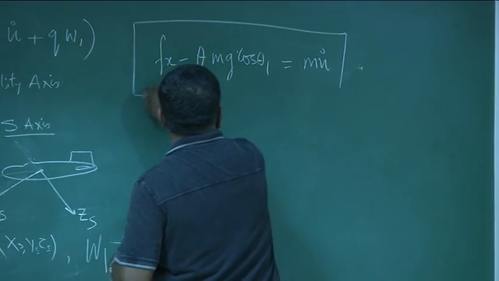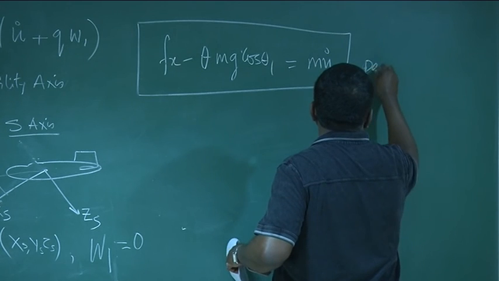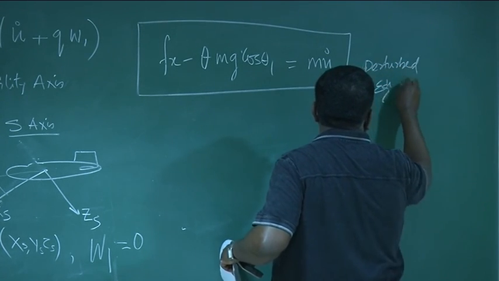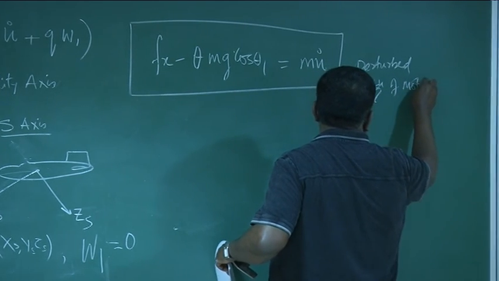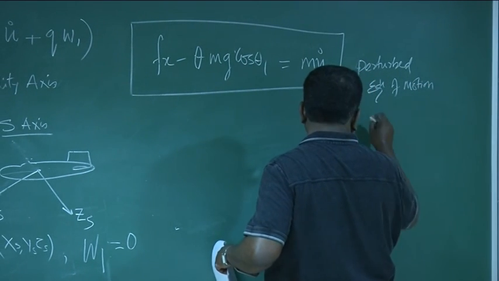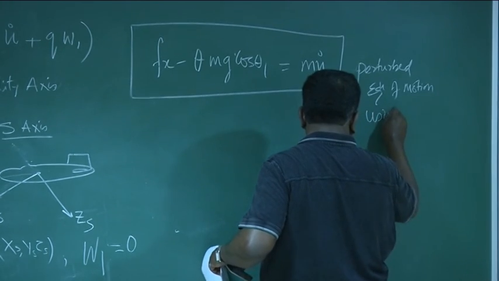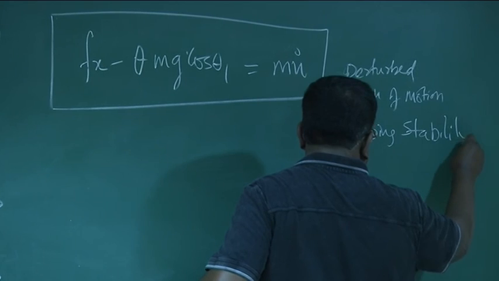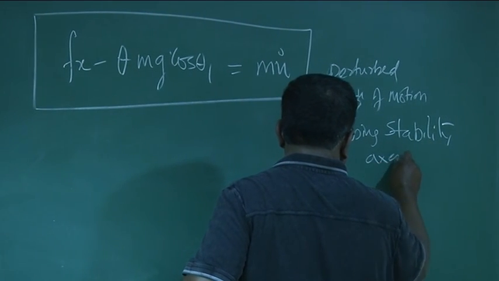So this is the perturbed equation of motion. Of course, it is along the x direction using the stability axis system.